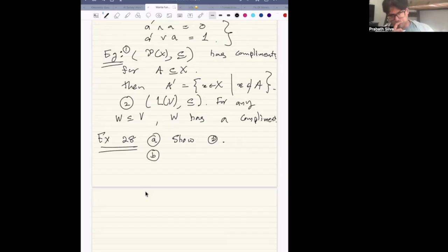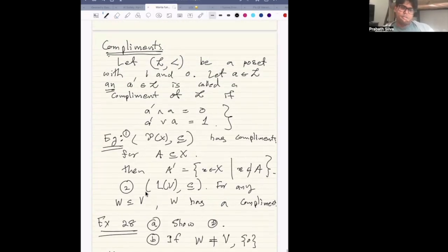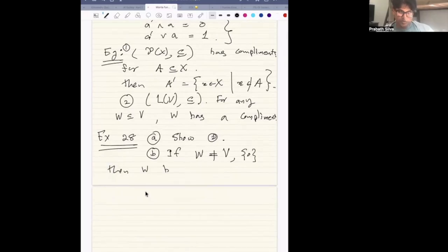And then, if W is not equal to V or the zero set, then W has more than one complement.